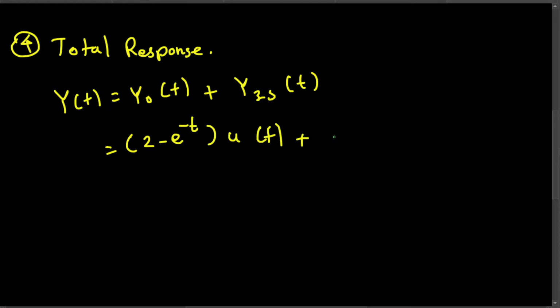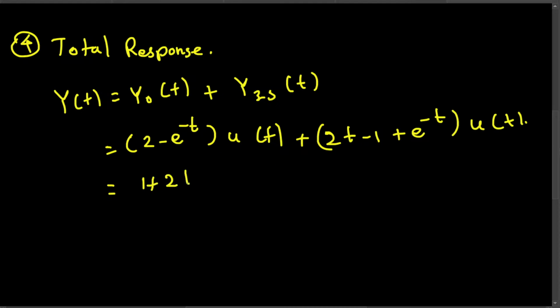And the next one, the zero state response, we just found, that is 2t minus 1 plus e power negative t u of t. And if you simplify this, the expression looks like this: 1 plus 2t, times u of t. And that's it.